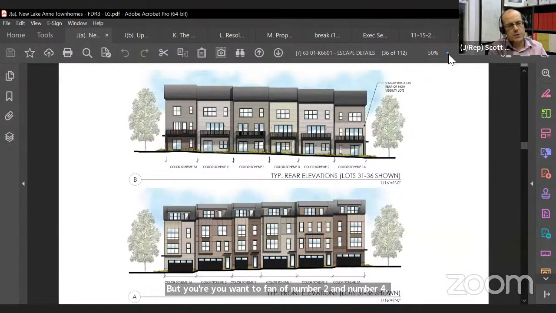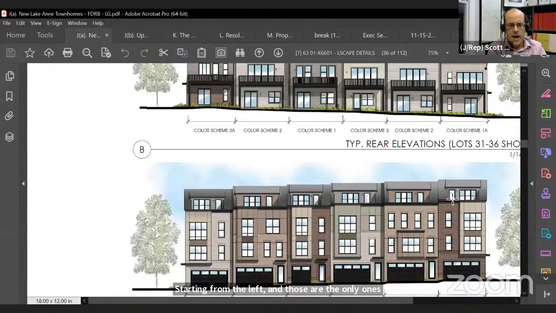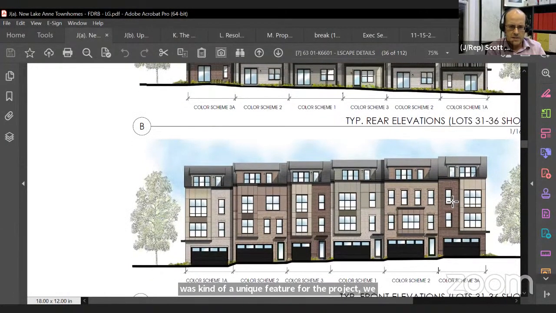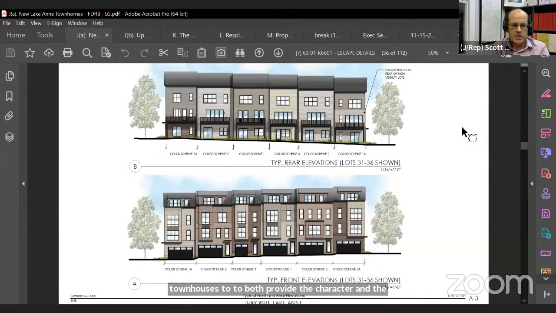And those are the only ones without bays. So basically what we took is that bay form, since it was a unique feature for the project, and we applied that in various forms to the different townhouses to provide both character and variety. So the window proportions have become very geometric, but in different schemes.